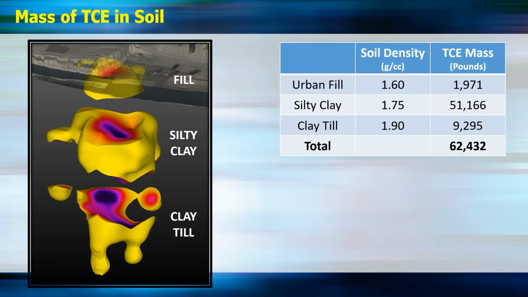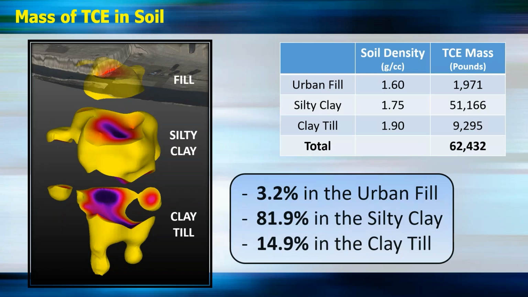Importantly as well, we could calculate the mass of TCE in the soil. And at this site, we had fill at the very top from about 2 feet down, and then a silty clay from Austrian deposits, and then clay till from glacial deposits. And what we found was there was about 62,000 pounds of TCE in the subsurface, and the vast majority of that, over 95% of it, was in the silty clay and clay till.